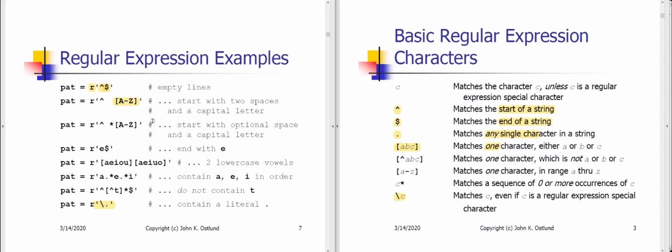So capital A is immediately followed by capital B, which is immediately followed by capital C, etc., and then eventually we get to capital Z. And there are no punctuation marks or other characters mixed in between capital A and capital Z. So we can say capital A dash capital Z rather than typing out capital A, capital B, capital C, capital D, and all the way to capital Z. What this pattern means in the regular expression is that we want to look for a capital letter in this position.